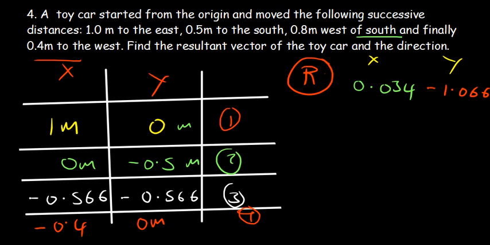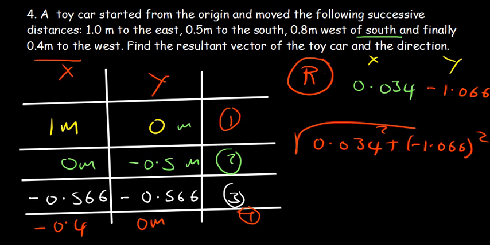For the y, we have that. So square it. Make sure you show the brackets so that your calculations are okay. So that squared plus negative 1.066 squared.